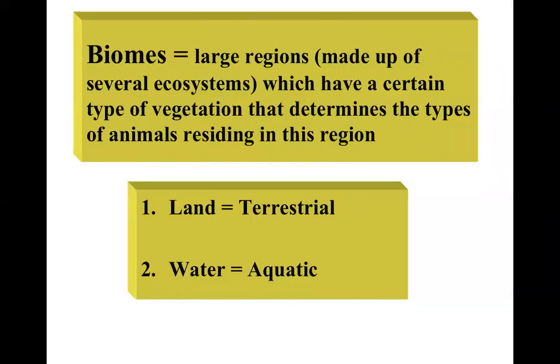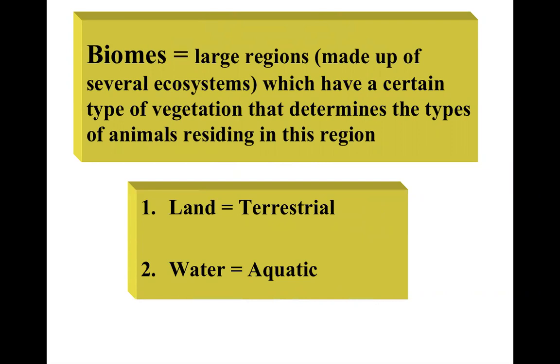The next level, ecosystems: several ecosystems make up what we call biomes. Biomes are very large regions made up of several ecosystems, and the biome is going to have a certain climate.